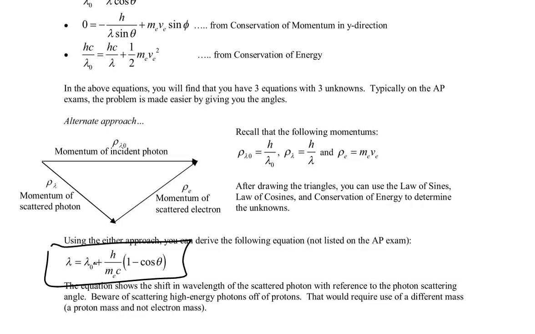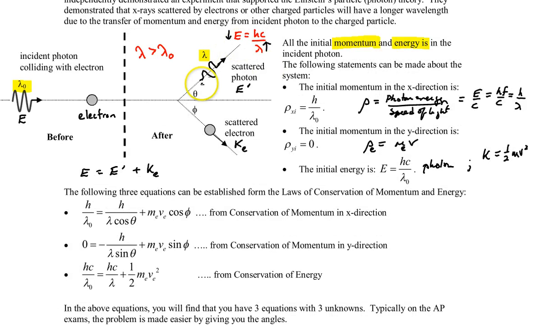So I think what's most important, what you should know of the Compton scattering, is really you should be able to describe the experiment, state the results, such as the Compton wavelength increases. If you look back to here, we said that this scattered photon has a longer wavelength than the initial wavelength. And why is that so?